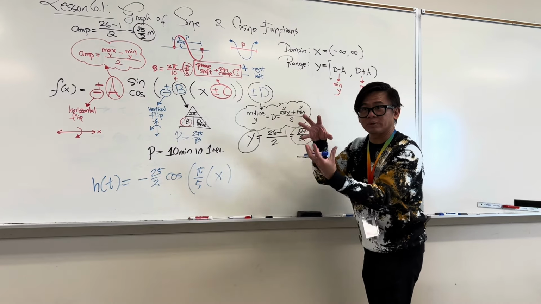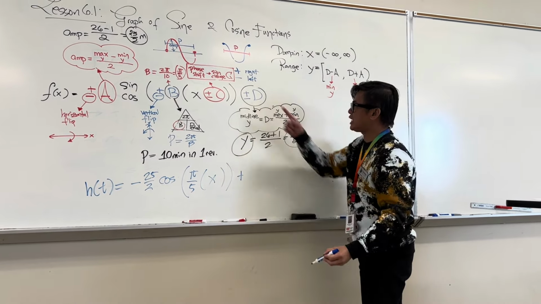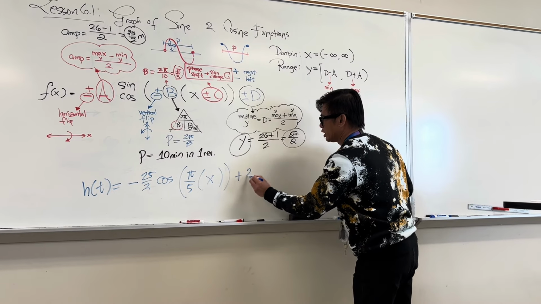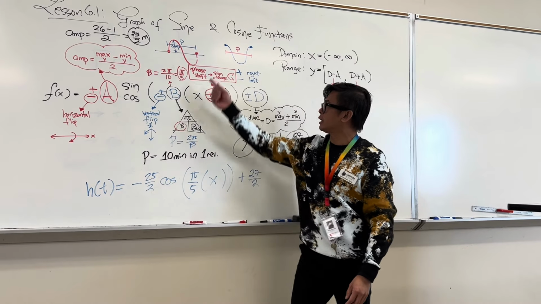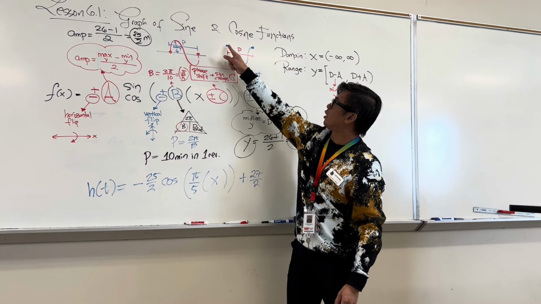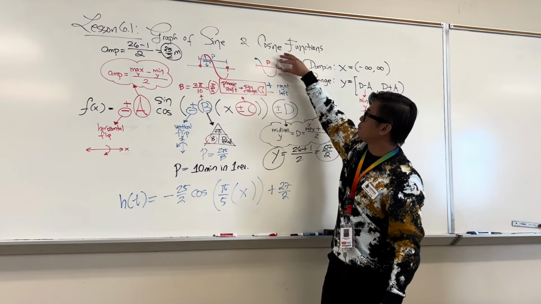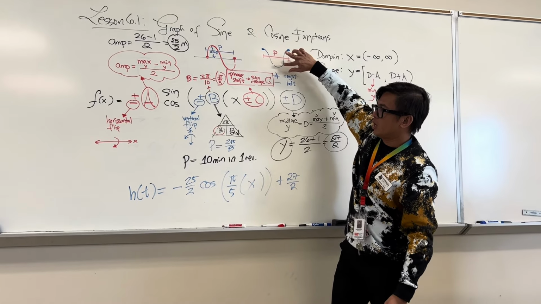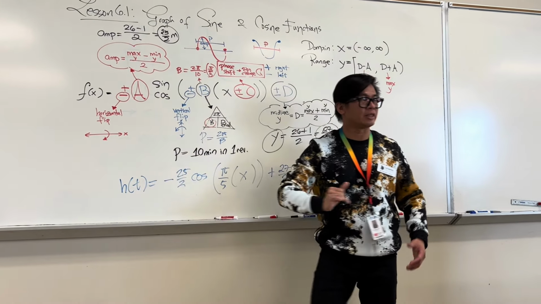Okay, because the fulcrum is just stable in there, right? So it's just going to be that. Plus, our D is, what did we get? 27 halves, right? Again, we used cosine simply because it started from down, going up, going down. So basically this one, but flipped horizontally, right?